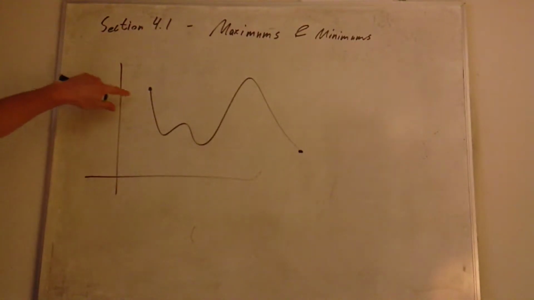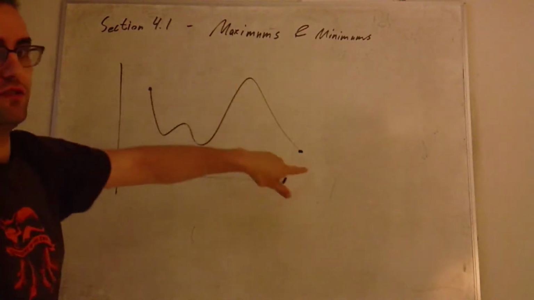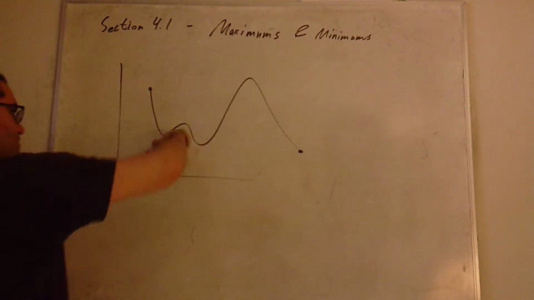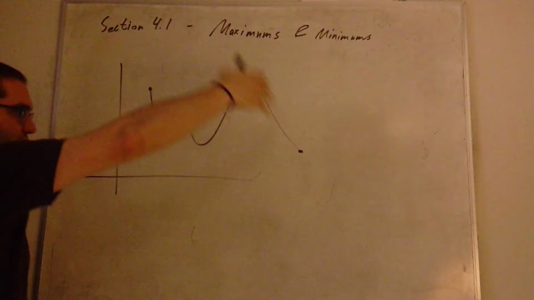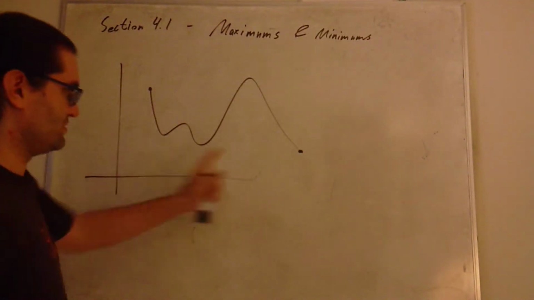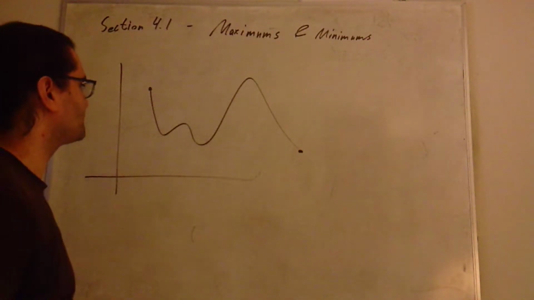If you find the derivative of this function, it will give you the slope. So you'll get a negative slope, positive, negative, positive, negative. You'll have these slopes that are changing as x varies across this interval.